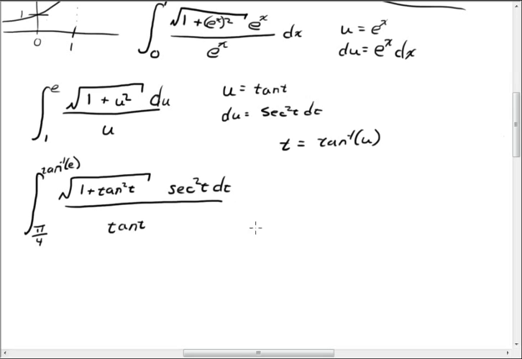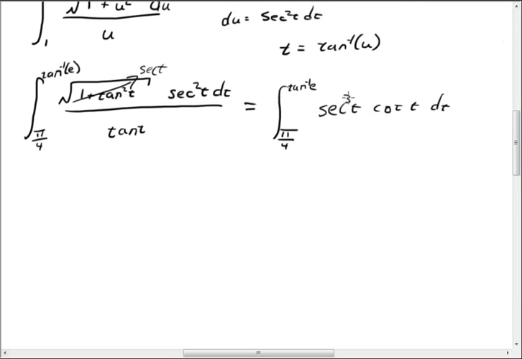So now what we do is simplify. This is simply secant t. So we get the integral from pi over 4 to tan inverse e of secant cubed t times cotangent t dt.